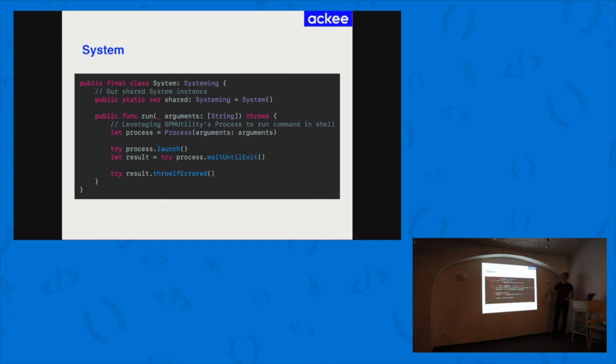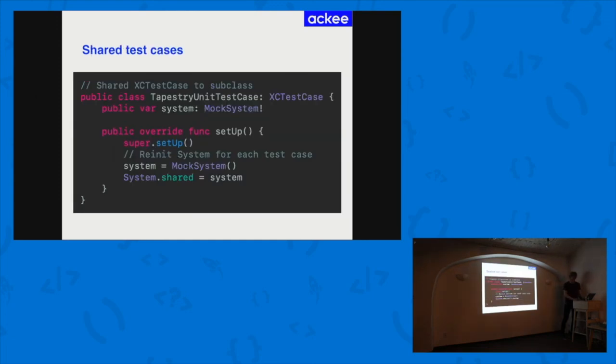So pretty simple stuff. And then we also provide a shared instance that we can have around the code base. And then we have a shared test case, so we ensure that we always get a clean slate before running each test, which I think is really important.